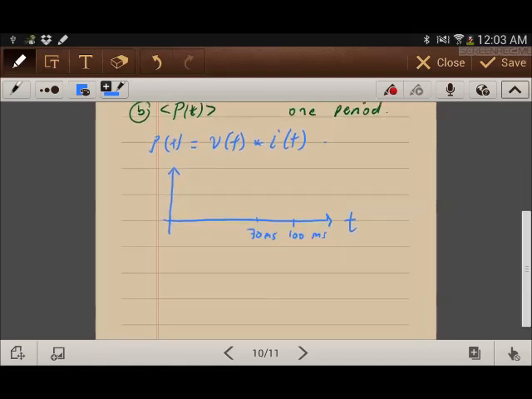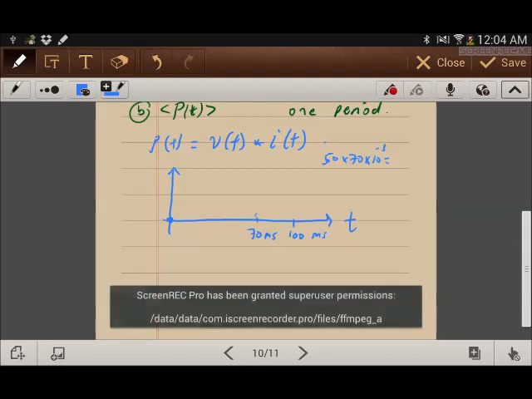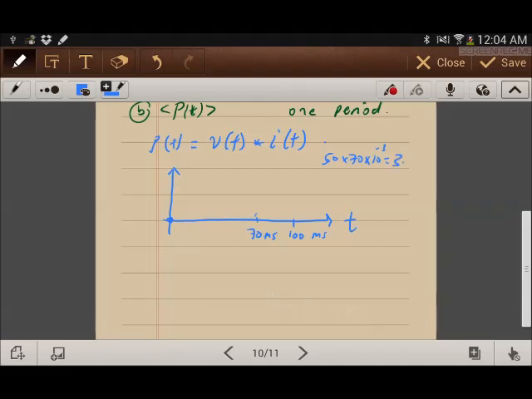So at 0, the voltage is 0. At 70, we multiply 50 by 70 milliseconds, which is 70 times 10 to the power minus 3, and this gives me 3.5 volts.